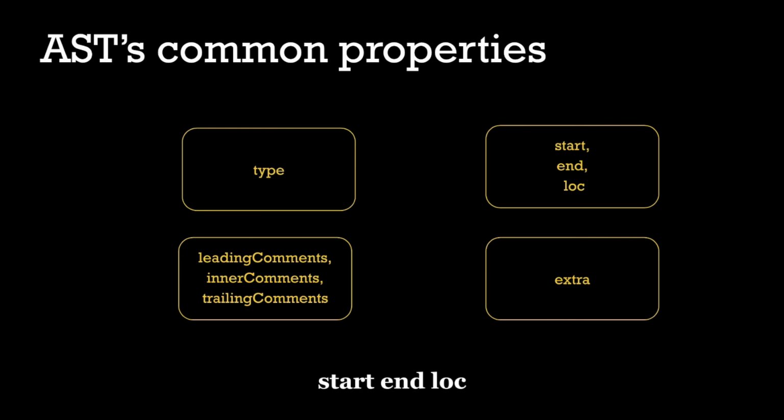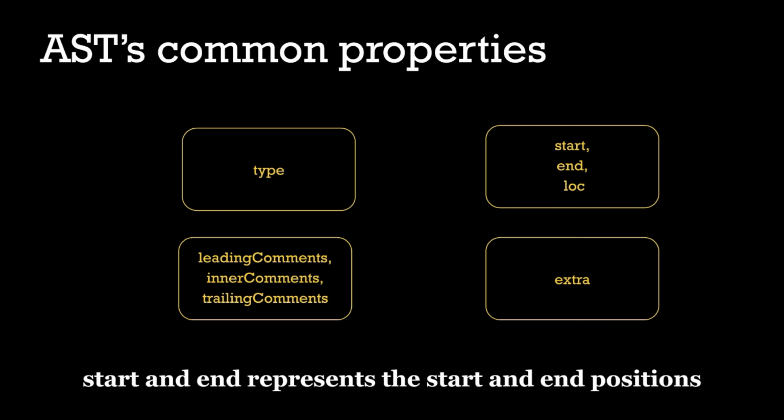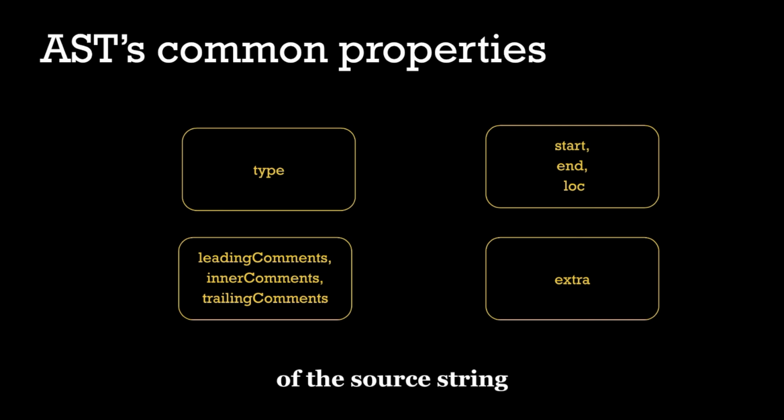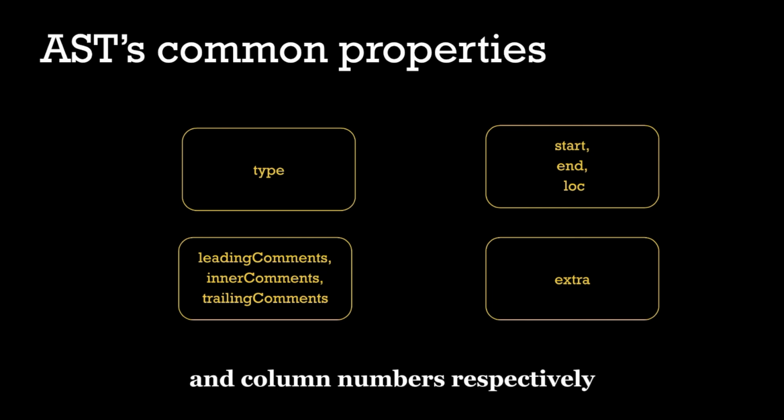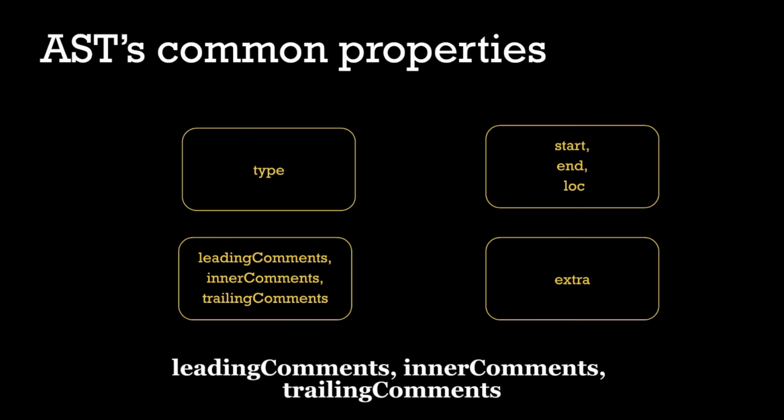Start and end represent the start and end positions of the source string corresponding to the node, regardless of row and column. The loc property is an object with line and column properties that records the starting and ending line and column numbers, respectively.